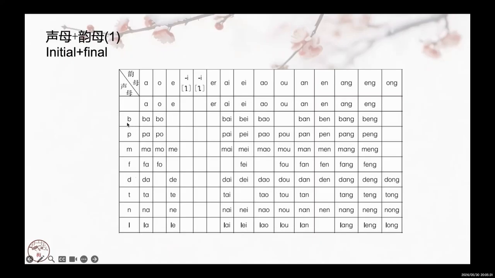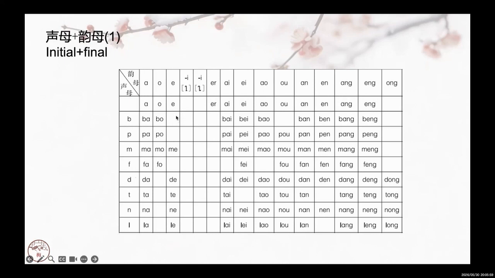For example, the initial b. Yeah, we can practice this row. B combines with every vowel or final. B, a, ba. B, o, bo. Here it's blank. Why is it blank?